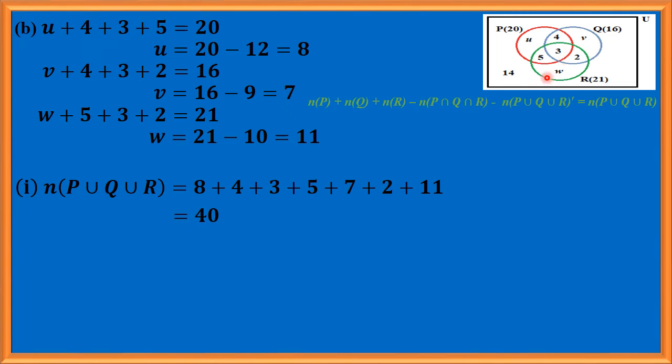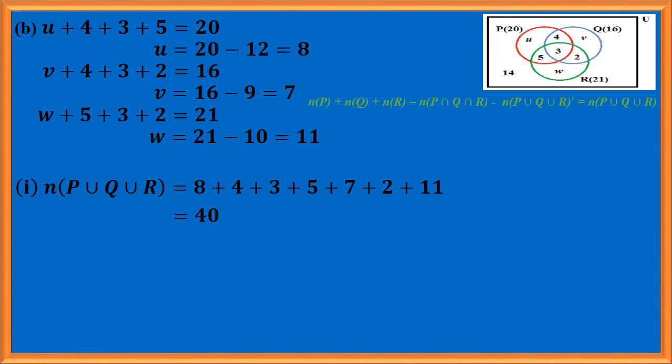Again, subtract the complement of this, of U, P union Q union R complement. That will give us the number of P union Q union R, the universal.